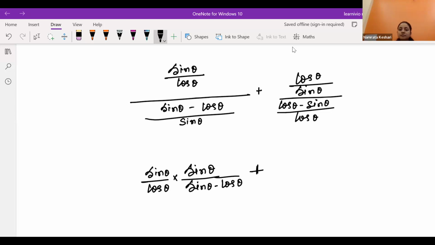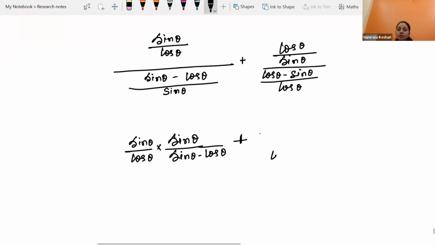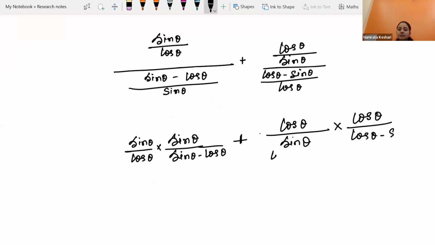Similarly here also cos theta by sin theta, and then the rest is cos theta minus sin theta.